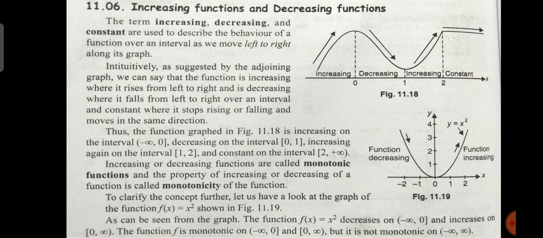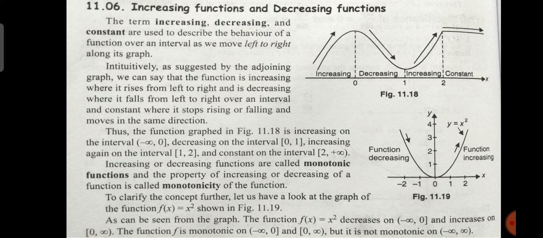Why is it open at infinity? Because we have not taken a particular point at infinity, it just keeps going. But it is not monotonic on minus infinity to infinity. It is monotonic in these two intervals. This is the difference between a function and a monotonic function.